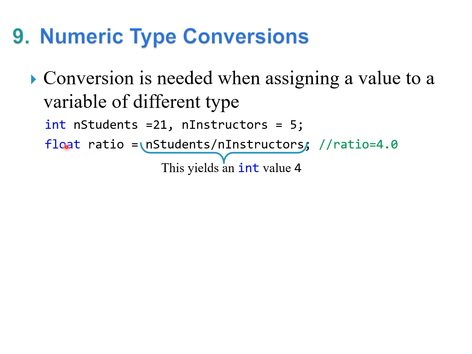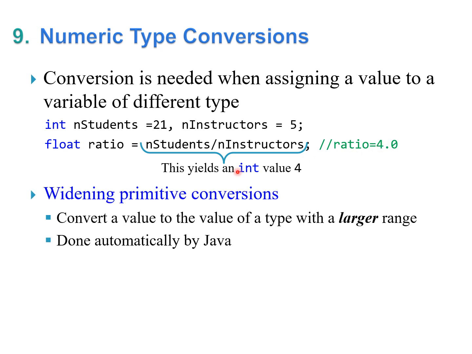So after this assignment statement, ratio has the value 4.0 instead of 4.2. Converting a numeric value to a type with a larger range is known as widening primitive conversion, which is done automatically by Java.